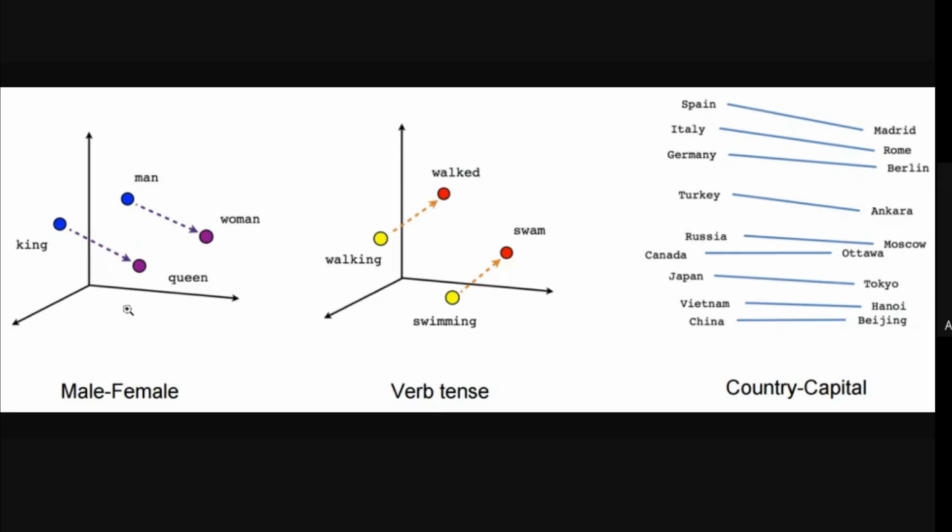So this is sort of the beauty of why we use embeddings like these instead of using something like a one-hot encoded vector, because king plus woman minus man will actually give me a representation which is very, very close to the feature vector for queen.